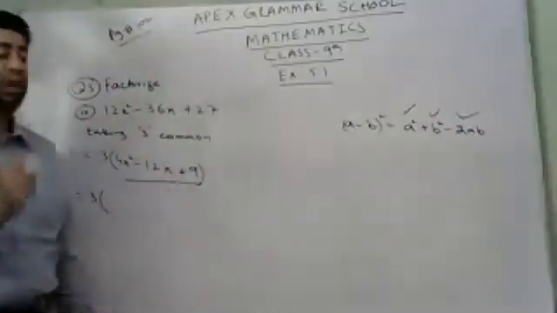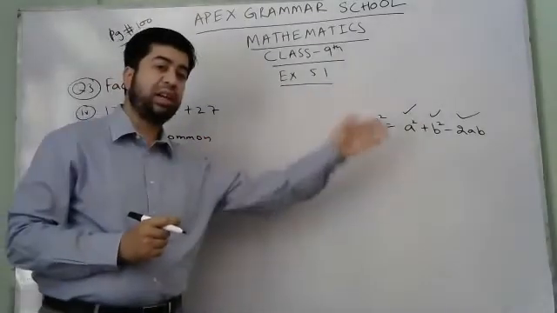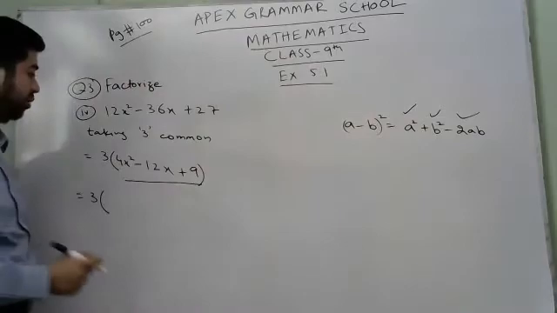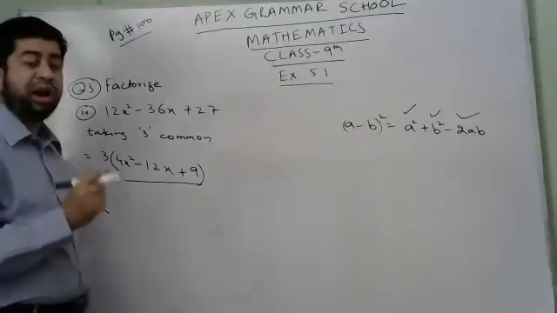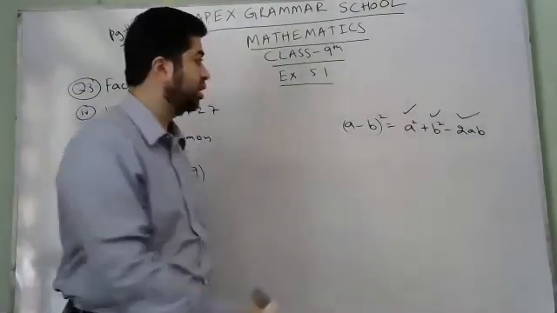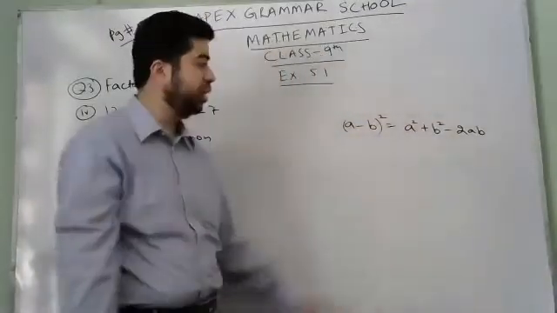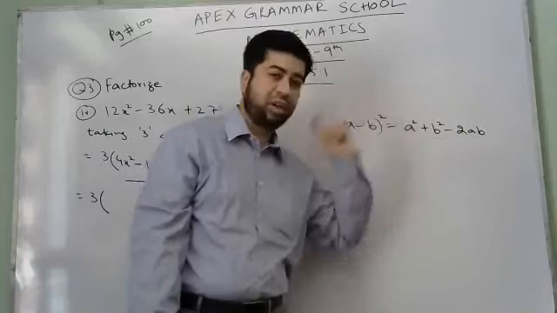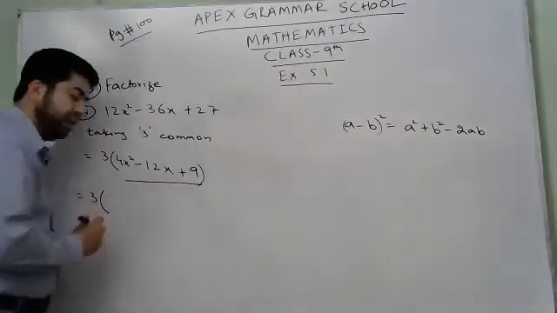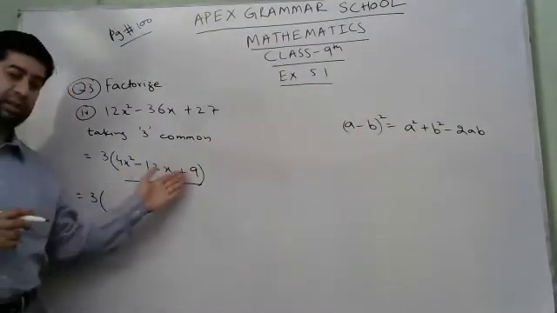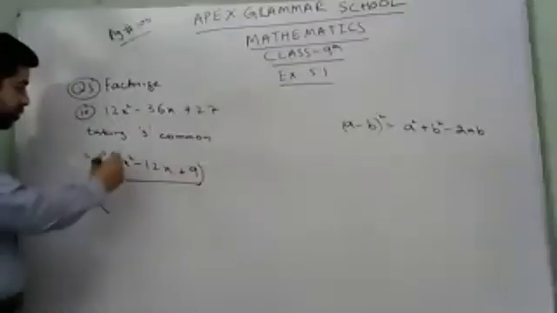But you have to verify whether it is of the type (a minus b) whole square or not. You have to find 2 positive squares, a square and b square, with positive sign. Is there any square inside this expression? Yes, 4x squared.